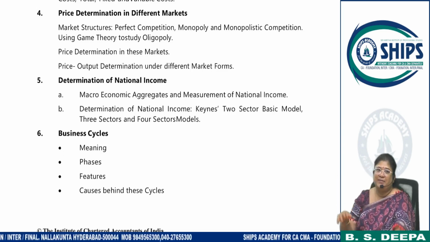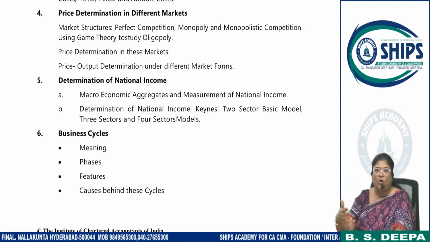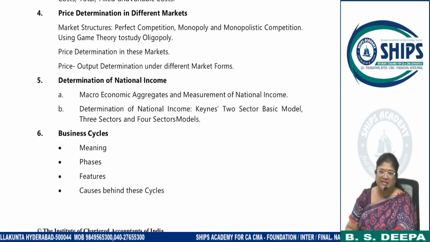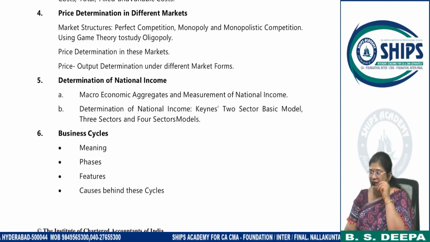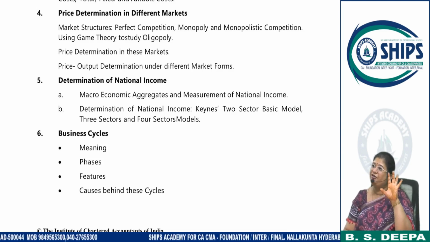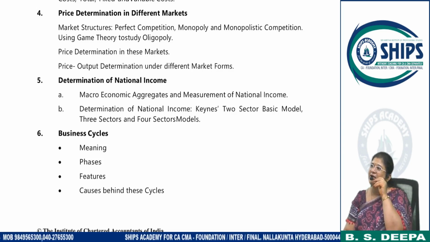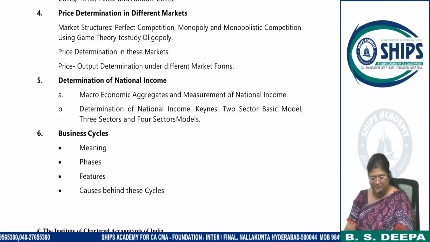So in markets we will be actually revisiting all the concepts that we have learned previously in the previous chapters, right? So if you have understood everything before this, then markets will become very easy for you to understand, right?